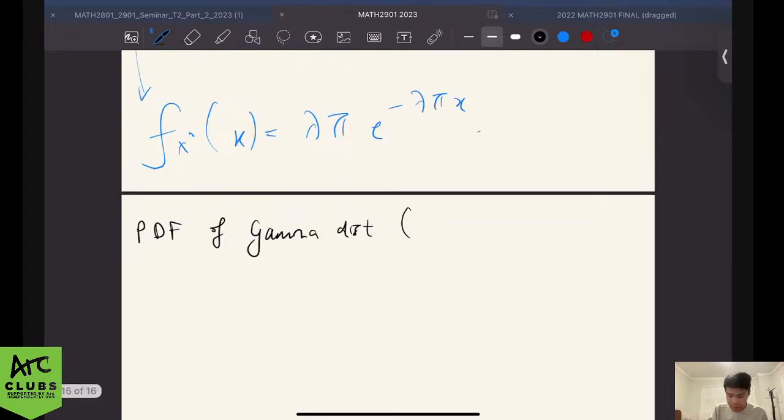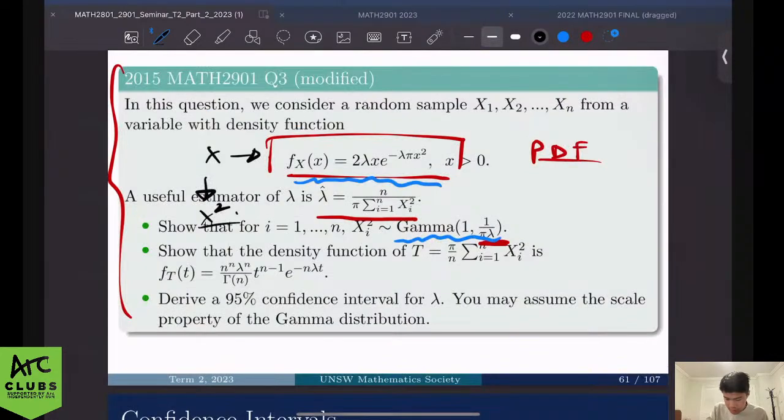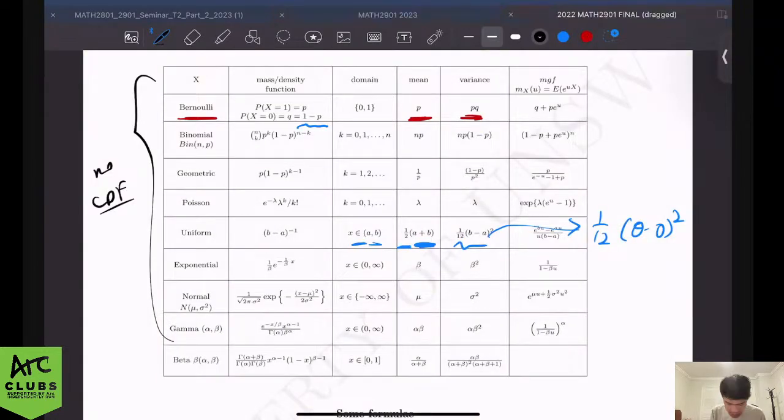Gamma with 1, I think it was 1 on pi lambda. Yeah, and so that's just going to be equal to the same thing, but we sub in those parameters.